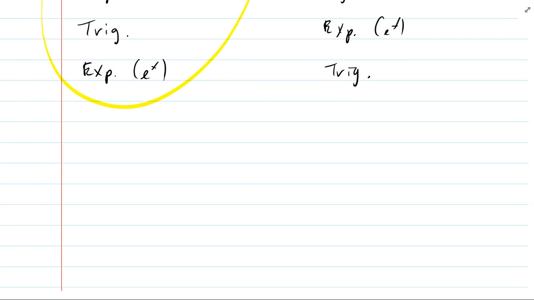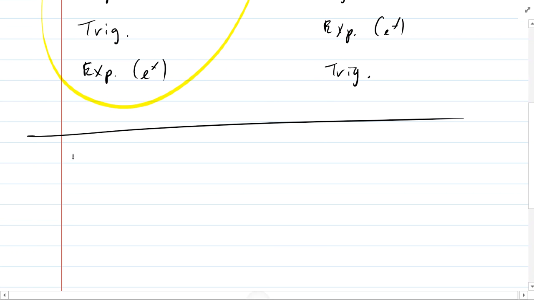So let's do that. This is example 4. It is y equals the integral of e to the x cosine of 2x dx.